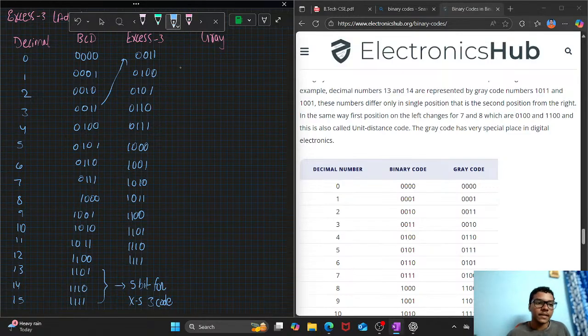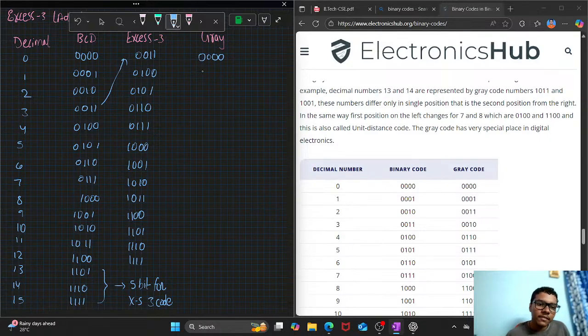Alright, this is perfect. So what you do is write the binary, take the first bit as it is from the left, and add each pair of adjacent bits to get the next bit. 0 plus 0 is 0, so it will be all zeros.